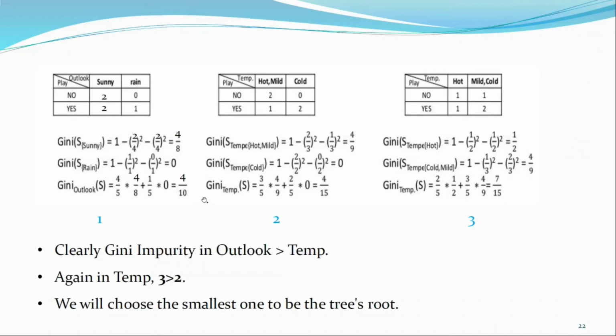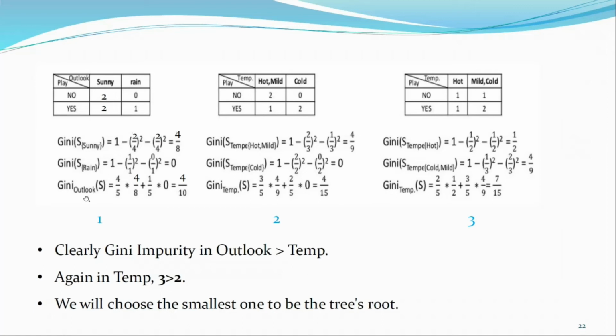So now let's compare the Gini impurity. As you can see, from these two values, which is the least one? Clearly, it is the 4/15 one. So the Gini impurity of temperature will be 4/15. Now we will compare this one with this one.